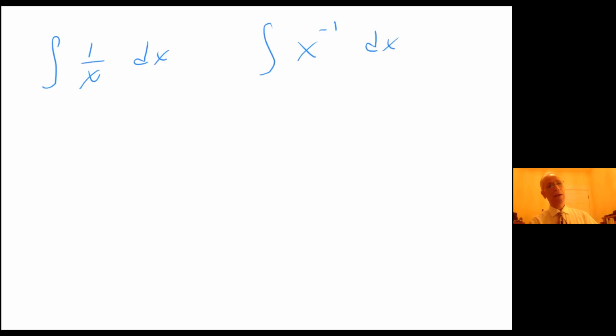So suppose I want to take the integral of 1 over x dx, which is the same thing as saying integral of x to the -1 dx. And the confusion comes usually from the fact that they forget that 1 over x or x to the -1 is not a polynomial. So you cannot use the power rule in reverse.